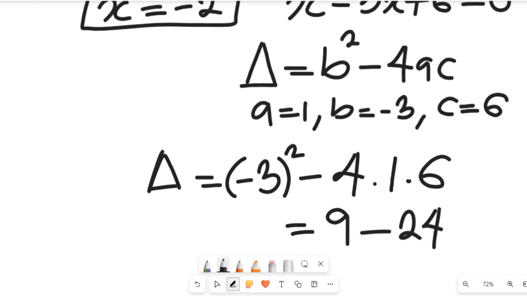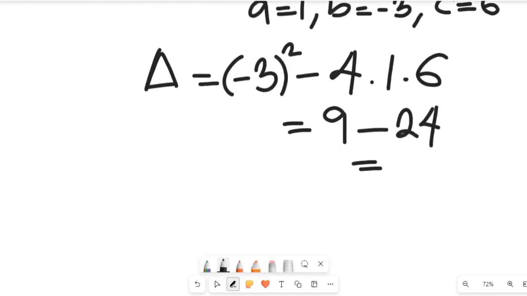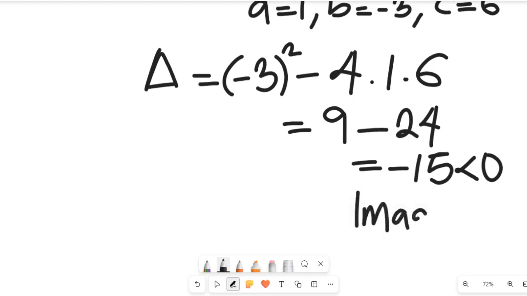So 9 minus 24 is equal to negative 15. And negative 15 is less than 0. Since negative 15 is less than 0, that means the solution to that quadratic expression is going to be imaginary and not a real solution. So as a result of that, we're going to neglect this solution.